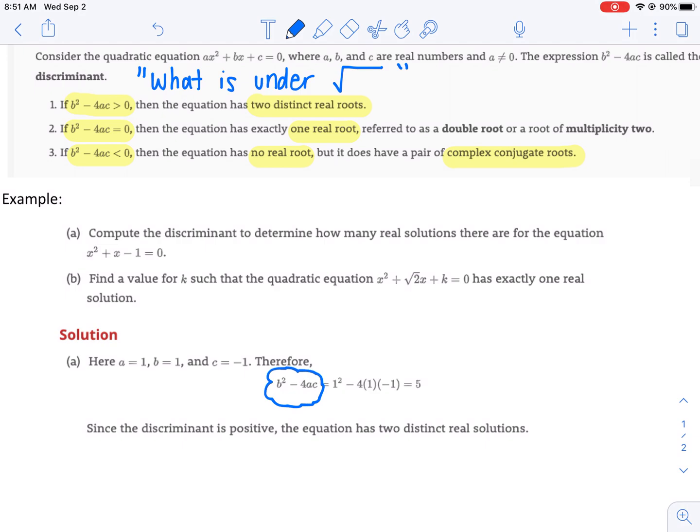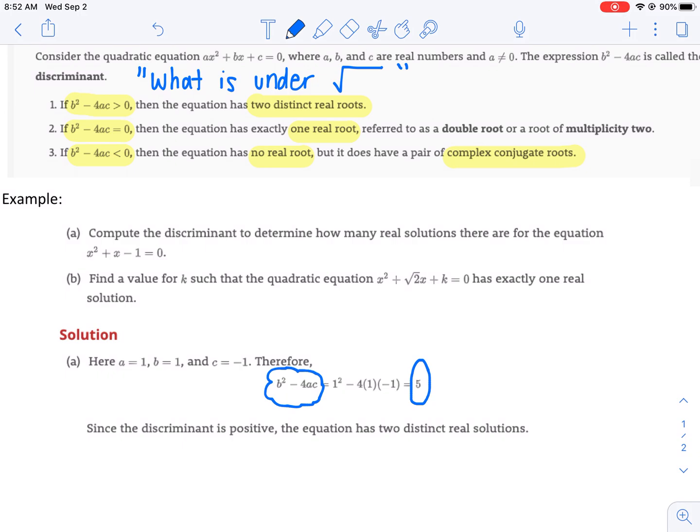By all means, you can do the whole quadratic formula, solve for the actual answer, but we like the shortcuts, right? So when I solve, I find out that my answer is 5. Under the square root is 5. That falls in the first situation of my discriminant on the top. It is greater than 0.